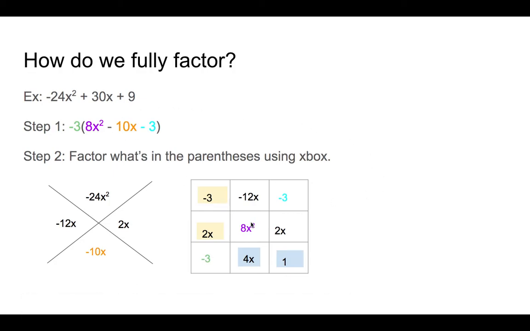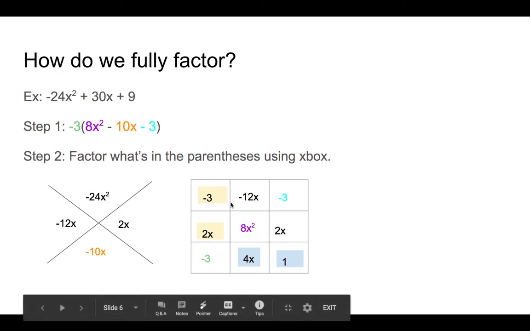It's the 8x squared that comes here, the minus 3 that comes here. We multiplied those to get negative 24x squared, and we're looking to add to negative 10x. So there's our magic pair transferred over, and then I was able to take a 2x from this row, and that left me with 4x, negative 3, and 1. So there's all my factoring.